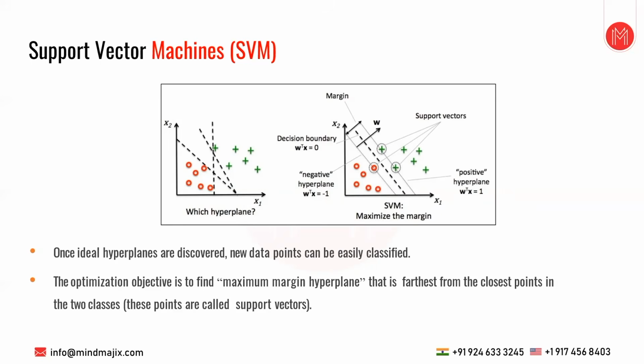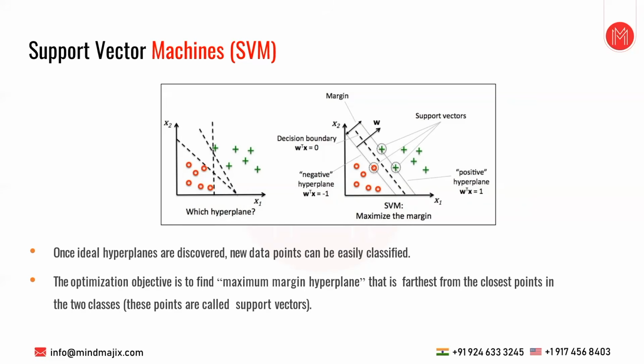Once the ideal hyperplane is discovered, new data points can be easily classified. The optimization objective is to find the maximum margin hyperplane that is farthest from the closest points of the two classes. These points are called the support vectors, as determined in this diagram.